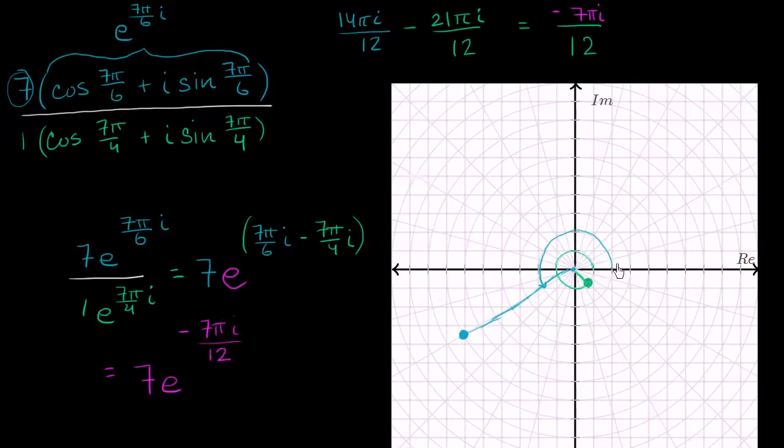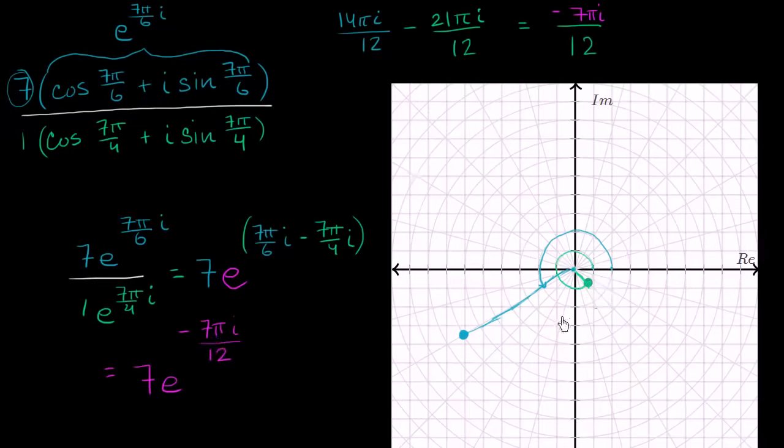Now let's see if we can do a decent job of plotting this. Each of these quadrants has 1, 2, 3, 4, 5, 6 increments. So they've split this quadrant into 6 equal angles, and this quadrant is pi over 2. So each of these little sub-angles is pi over 12. So we're going to have negative 7 pi over 12.